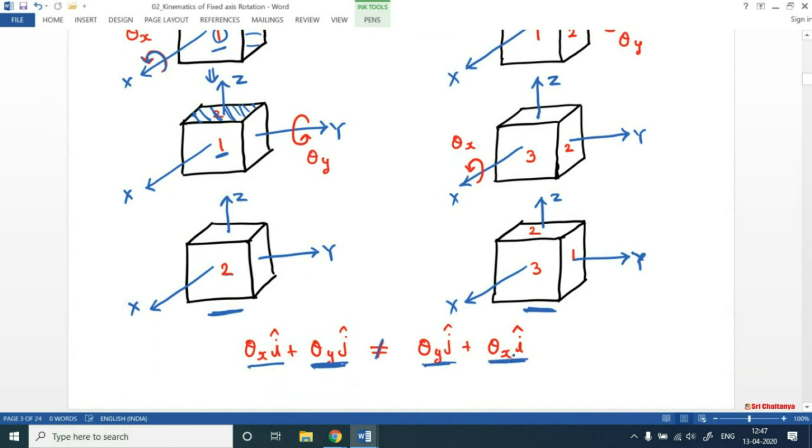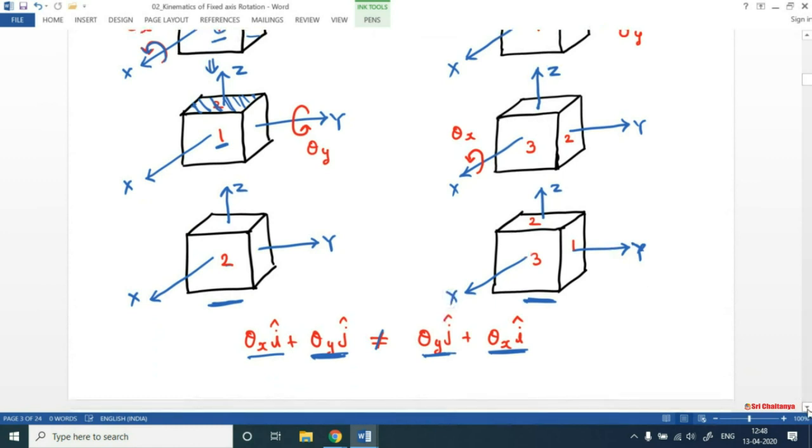So that means the angular displacement vector does not commute, meaning a plus b does not give b plus a. That is why we cannot treat finite angular displacements as vectors, but we can definitely treat infinitesimally small angular displacements as vectors.